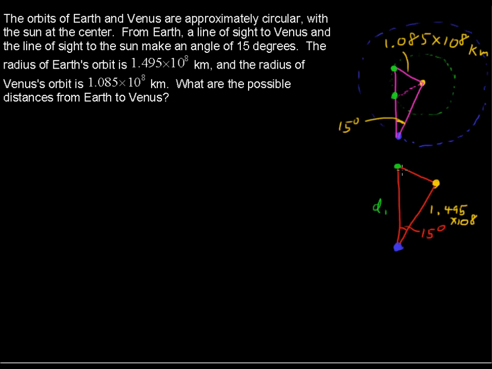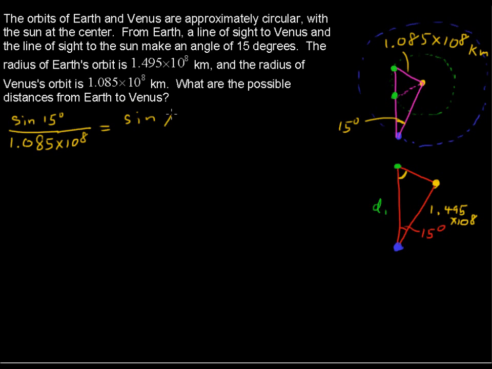So, how do we find this? Well, first we have to find this angle right here, and we can find that using the law of sines. That is, the sine of 15 degrees divided by the side length that is opposite that, and that's this 1.085 times 10 to the 8th, is going to equal sine of this angle here.